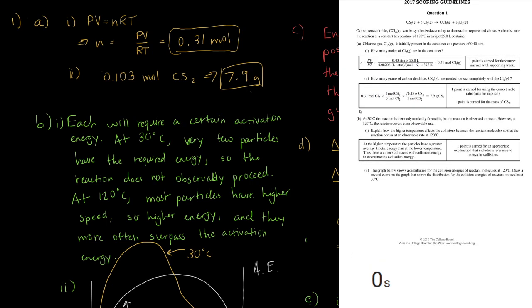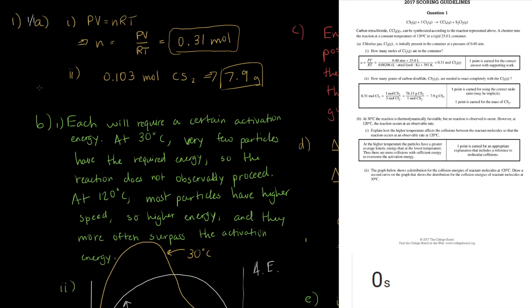Okay, so first off, going through the scoring guidelines is a great way to check your work and also to see what they're actually looking for. So we have 1 point earned for the correct answer with supporting work. Yes, we definitely earned this point here. Good for us. For part II, almost time, we get 1 point earned for using the correct mole ratio.